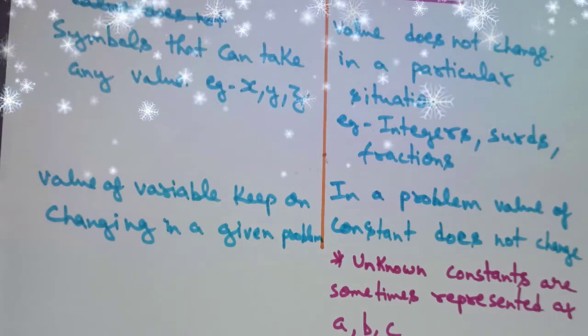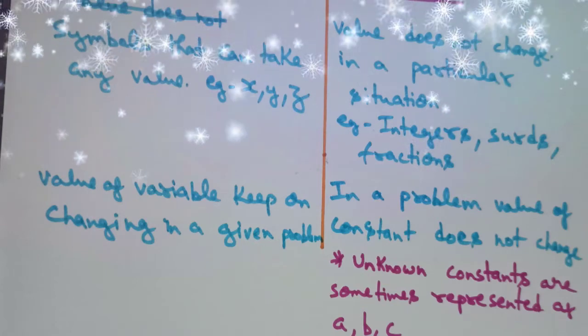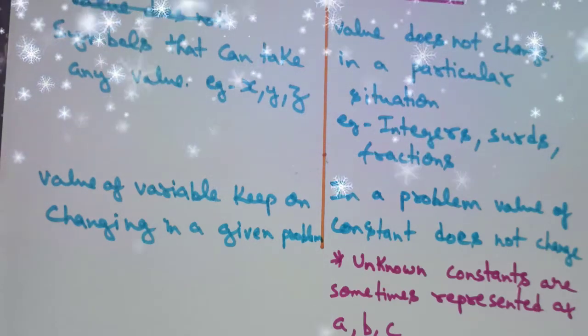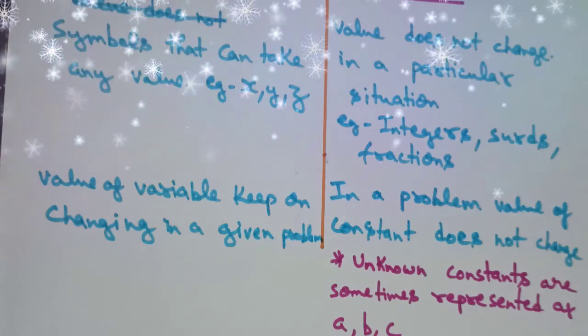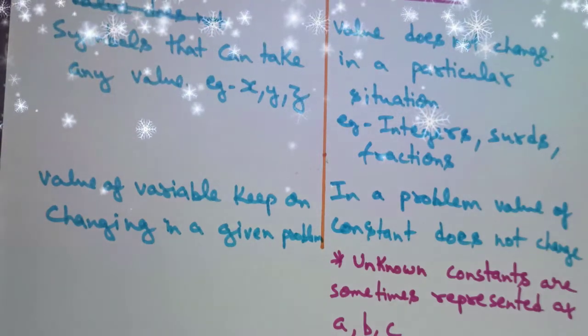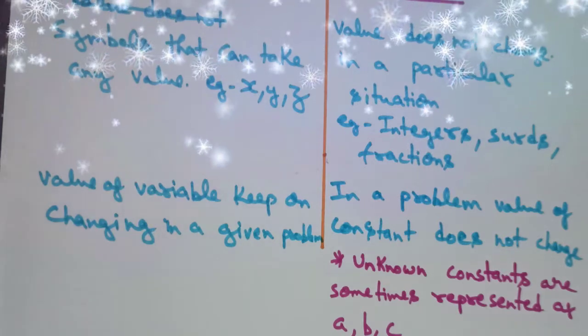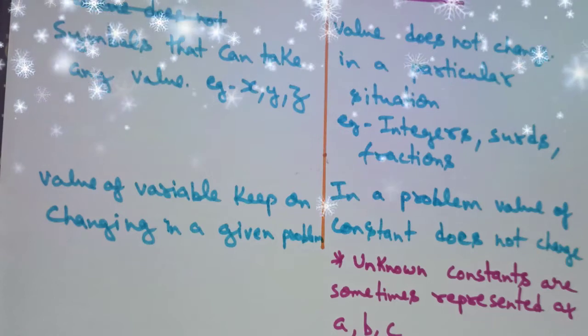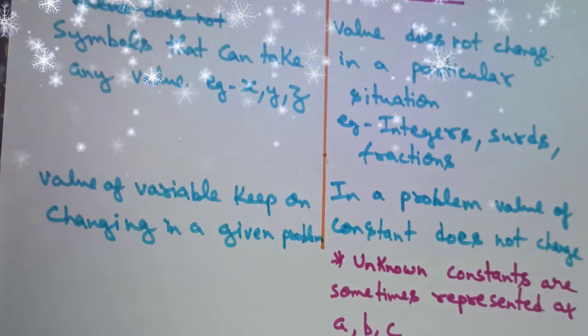So these are the general forms. When we discuss the linear polynomial and quadratic polynomial, we will discuss these unknown constants a, b, c. So sometimes when the constants are not known in a given problem, we will represent them by small letters, small a, small b, or small c.